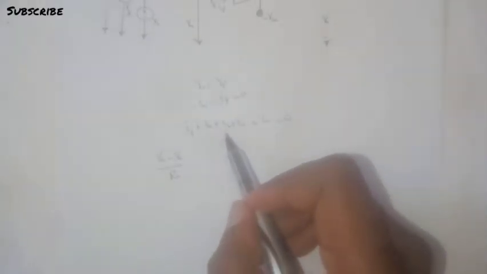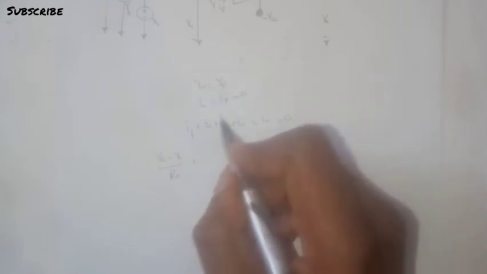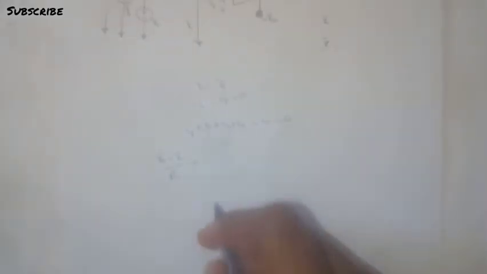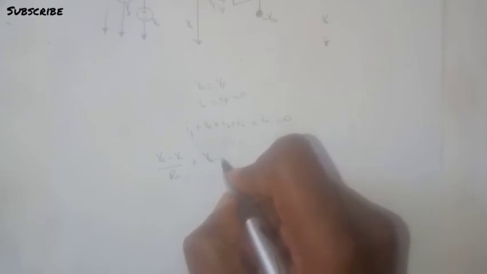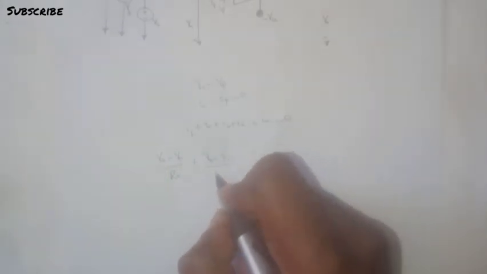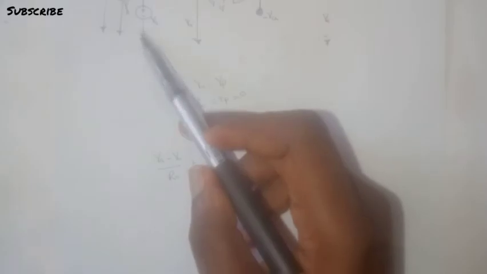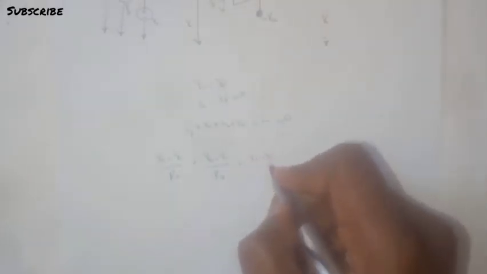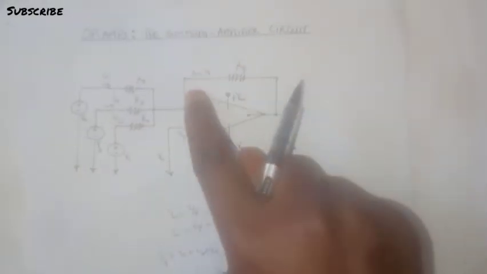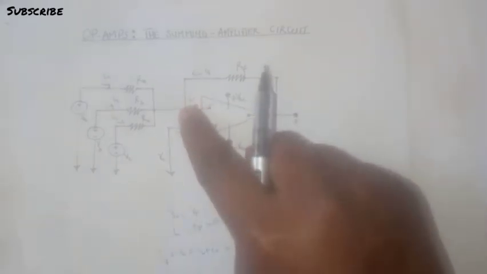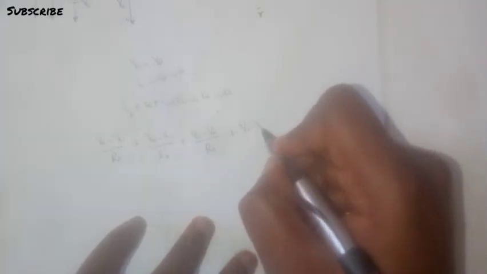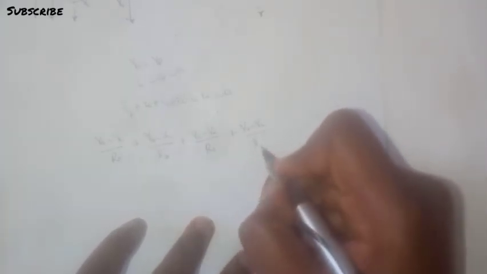Then we also look at IB, which is VB minus Vn over RB, and we also have VC minus Vn over RC. Then we also have the current that flows in this direction, that will be V0 minus Vn over RF.